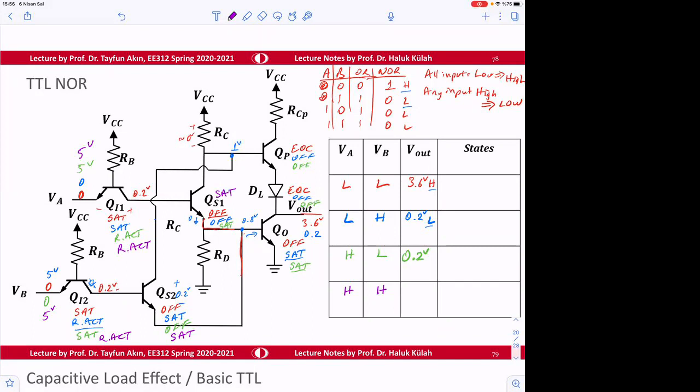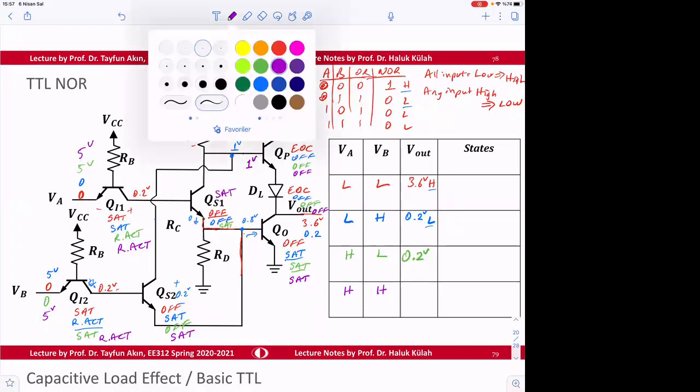If this is SAT, this will also be SAT. And then this will also be off and off. Why? Because this node will also be 1 volt. Okay. So in the green also, this will be 1 volt.